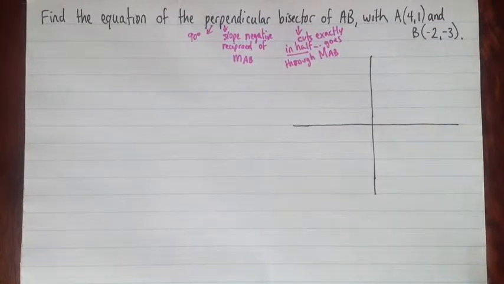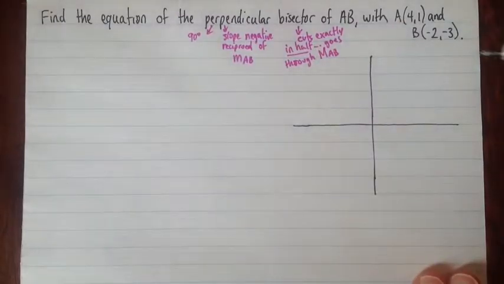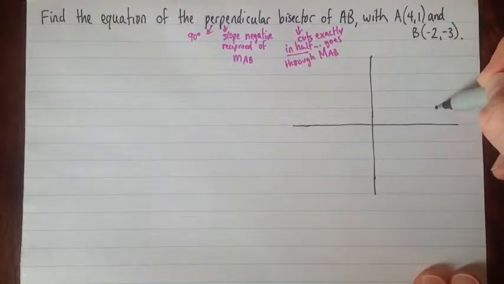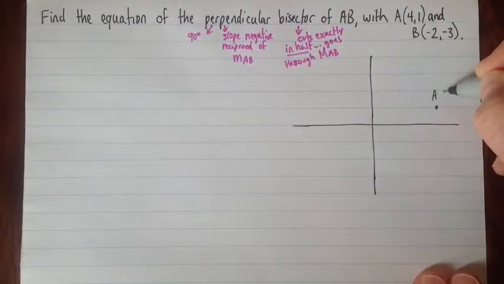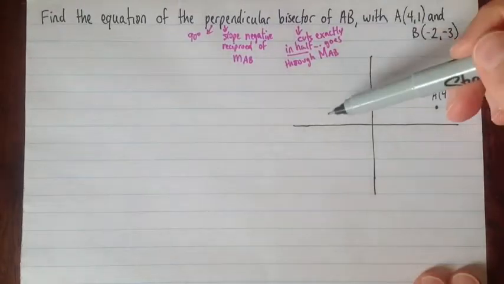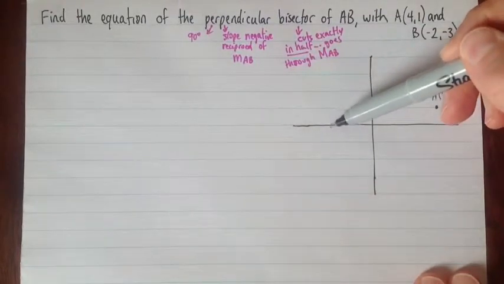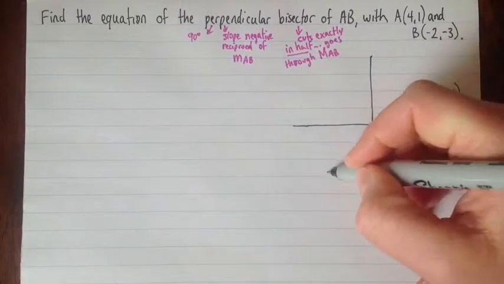Now let's look at a diagram so we have some idea of what we should expect, and then we'll go through all the calculations. We have the point (4, 1), which looks about here, A (4, 1). And B is (-2, -3).